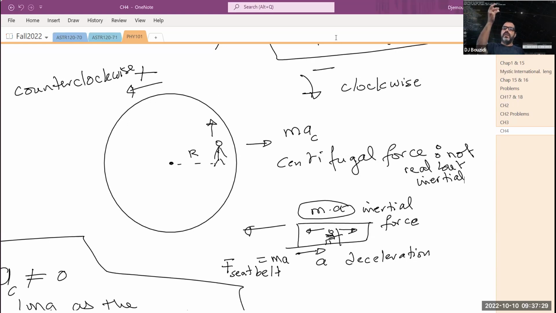And if you have something hanging on the rear view mirror, you could see that too. As the car accelerates, it's going to move back. As the car brakes, it's going to go to the windshield. And if you pay attention, as the car is turning left, that is going to actually swing to the right. If your car is going to the right, that is going to swing to the left. It's always the inertia.